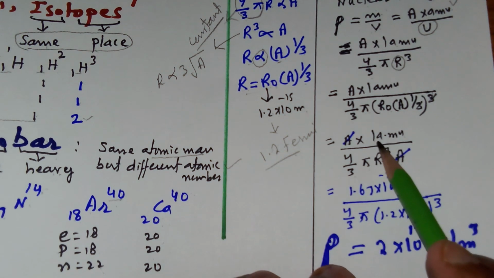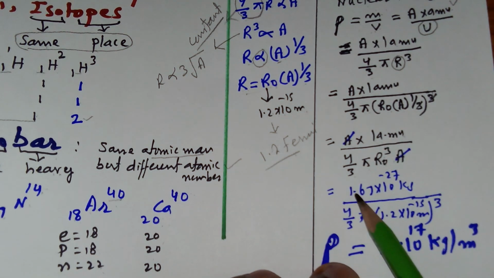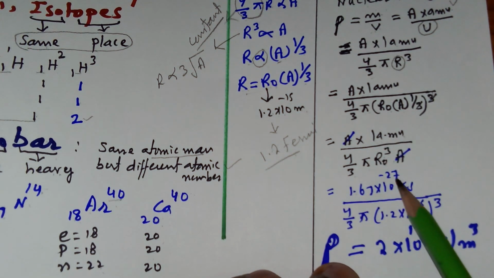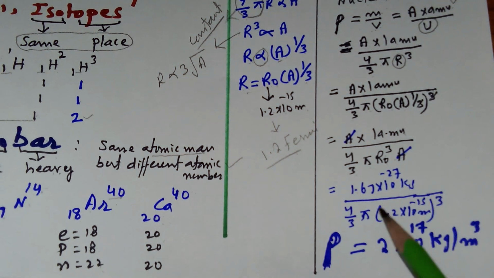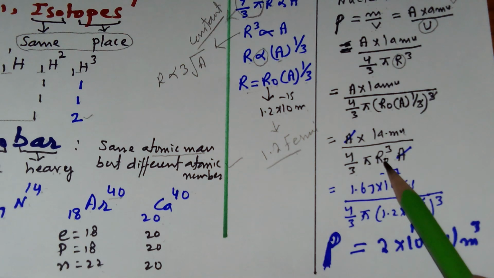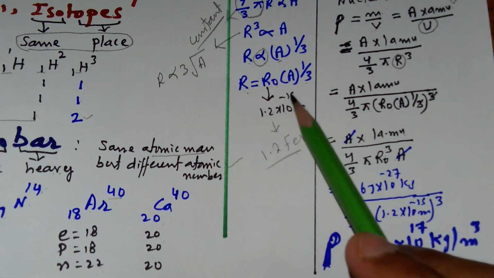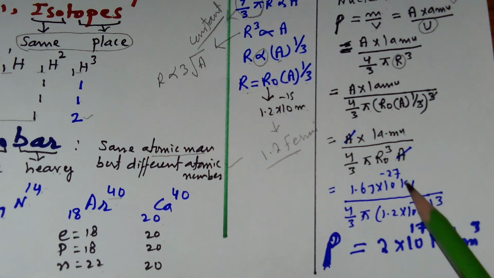We know that 1 u is always equal to 1.67 × 10⁻²⁷ kg, and this will be divided by 4/3 π and what is the value of r₀? We have calculated that r₀ is 1.2 × 10⁻¹⁵ meter, the whole cubed.